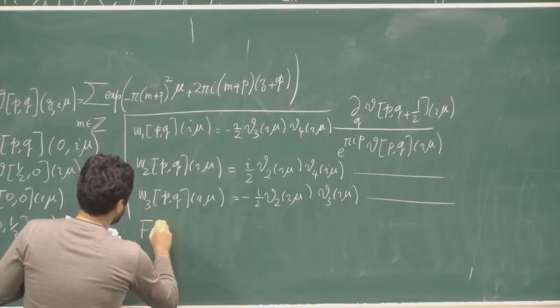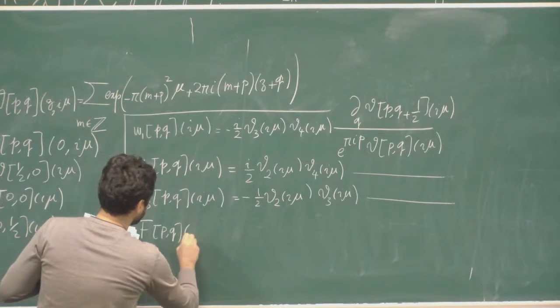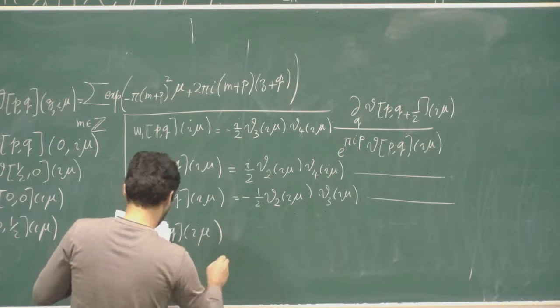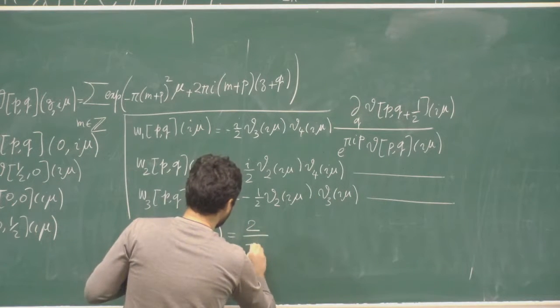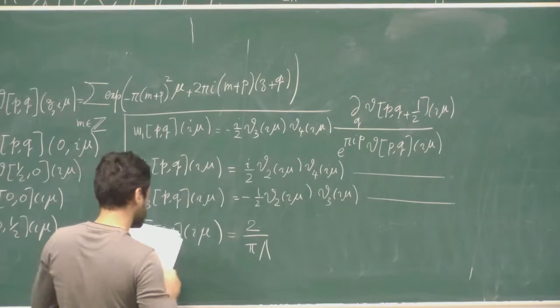Finally, the conformal factor is 2 over pi lambda, where lambda is the cosmological constant here.